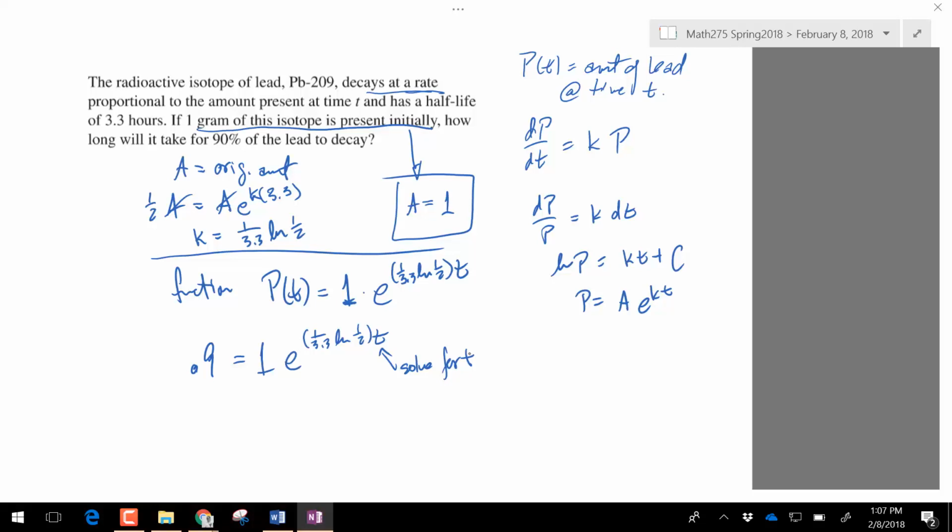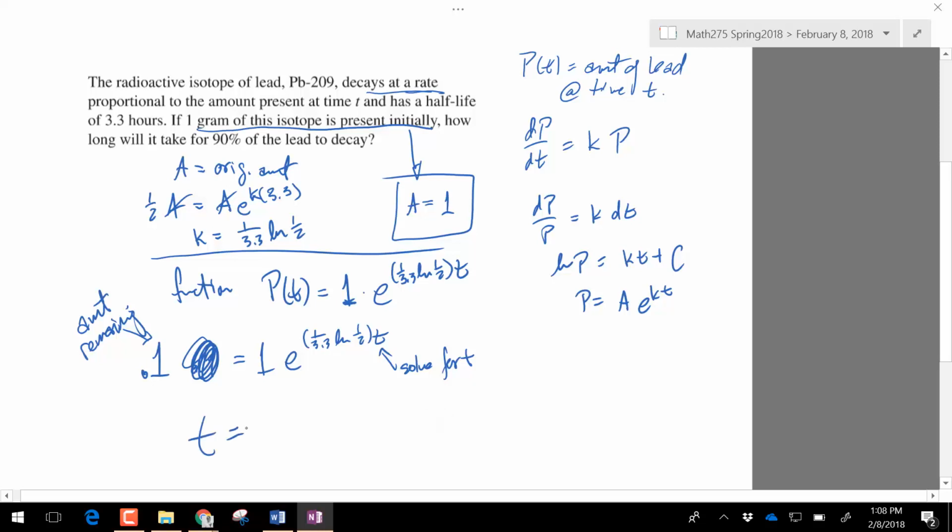Oh, 90% to go away, so what's left is 0.1. Amount remaining. All right, so we do the same thing. We take another ln and solve for this, and then we solve for t.